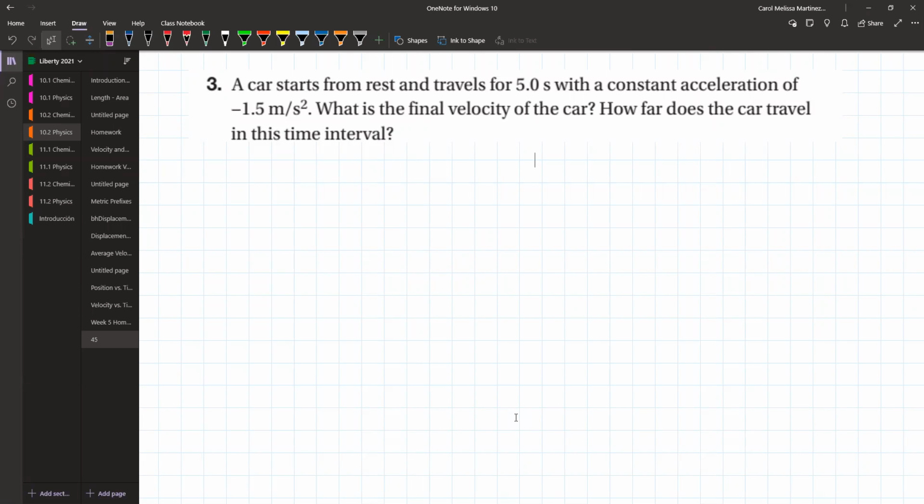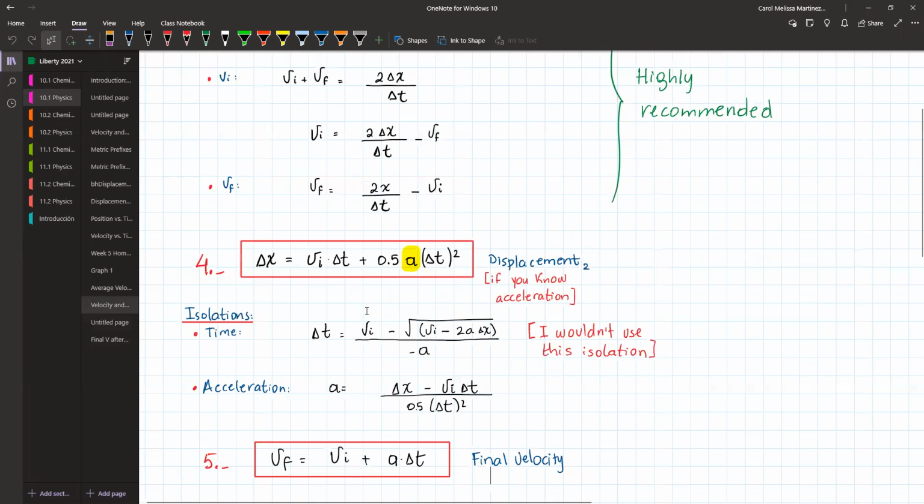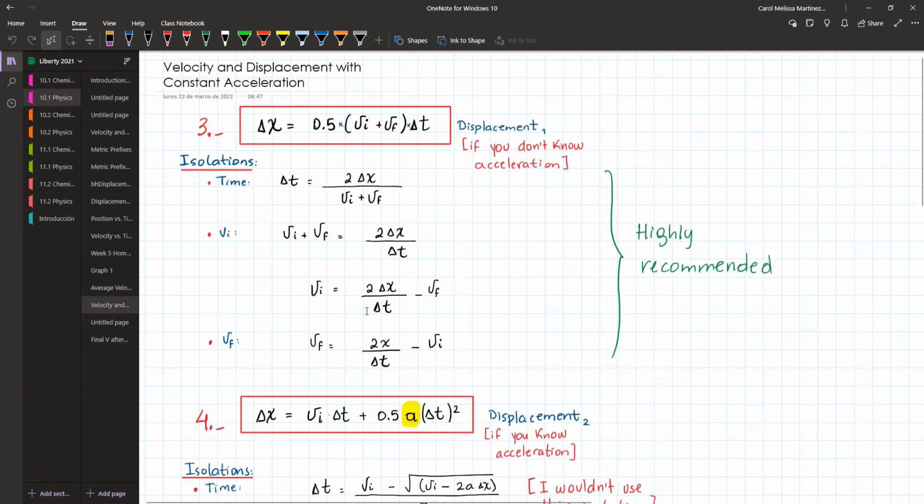Take a look. The equation that you use to calculate how far the car travels is this one right here, right? Yes. Okay.